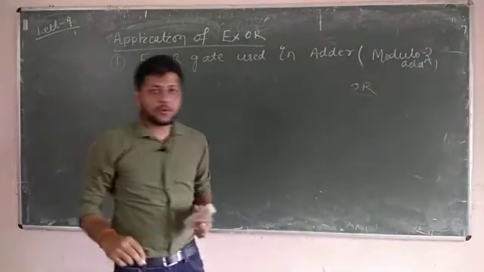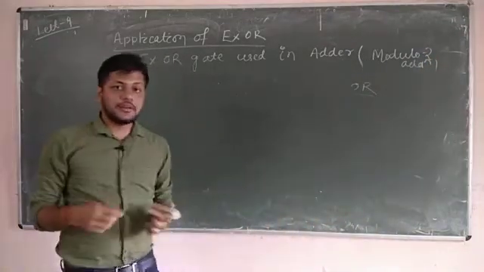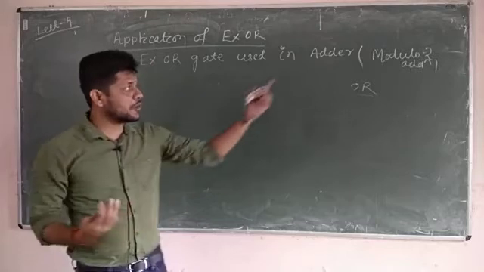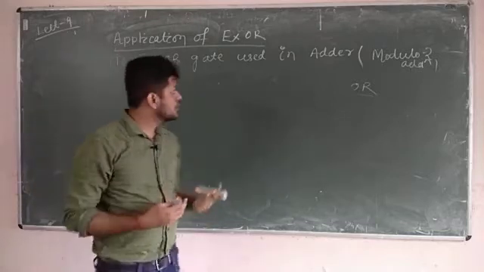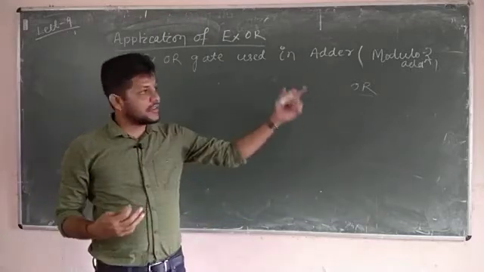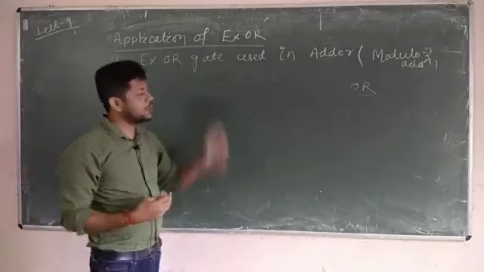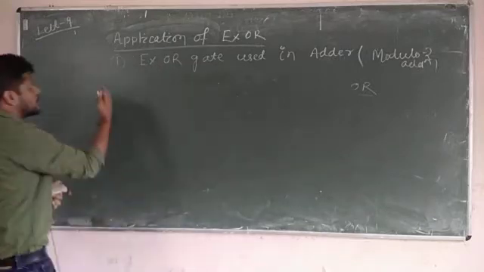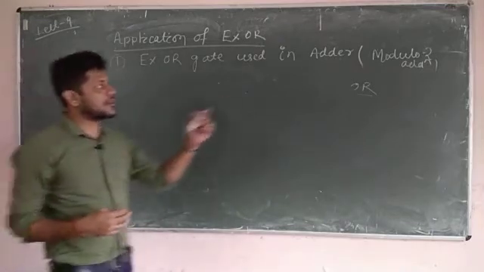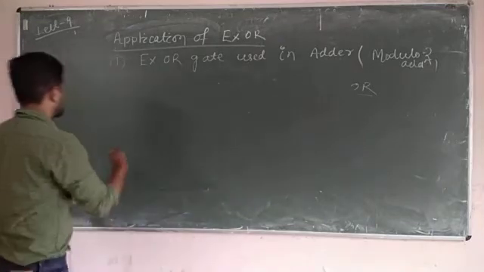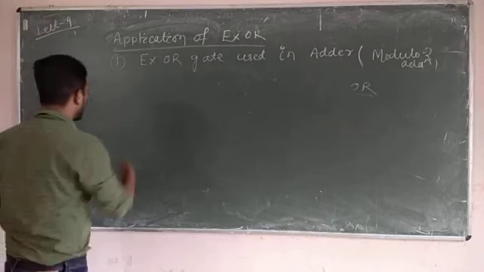In your computer or mobile phone, the additions take place by using modulo 2 addition, that is binary addition, and that addition is performed by the exclusive OR gate. So one application of the exclusive OR gate is in adders, that is modulo 2 addition. It is also used in subtractors.